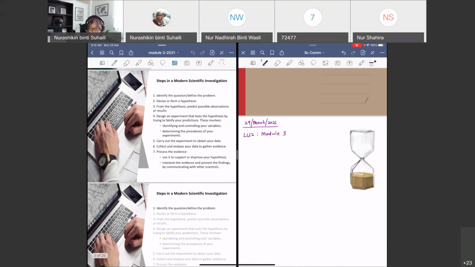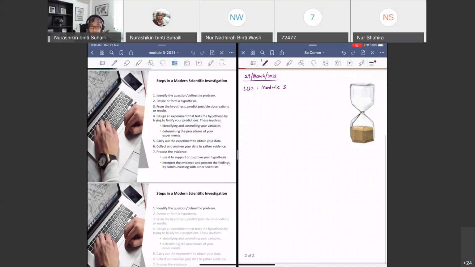If you remember, in the second screen, this is what we call an hourglass. If you invert the glass, I just want to take the shape, which I want to relate with our topic today. If you see the surface over here, it's wide, it's broad.